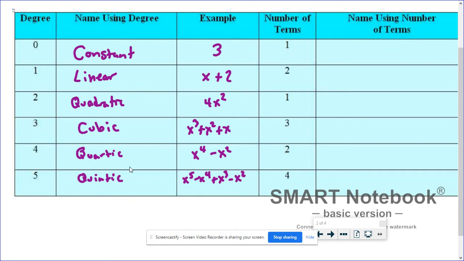We can also, so one of the labels is by degree. The other label is by number of terms. So when there is one term, we already defined it. It's called a monomial. When there's two terms, it's a binomial. Three terms, trinomial.